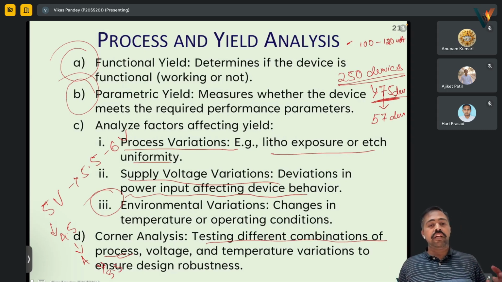So that will reduce our error, that will compensate for supply voltage and environmental variation.